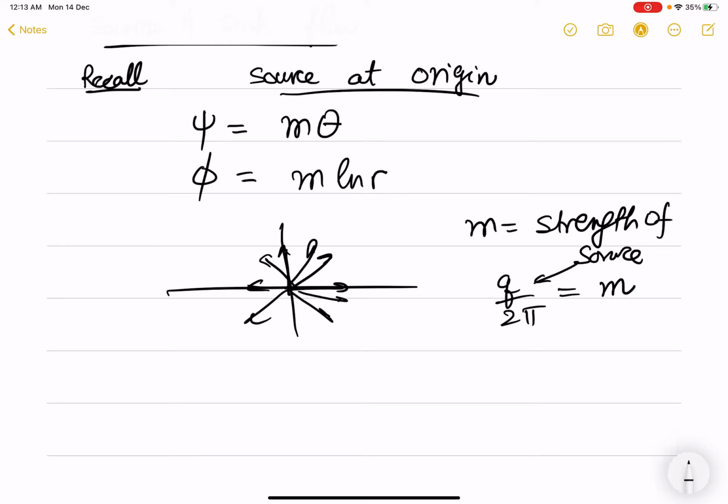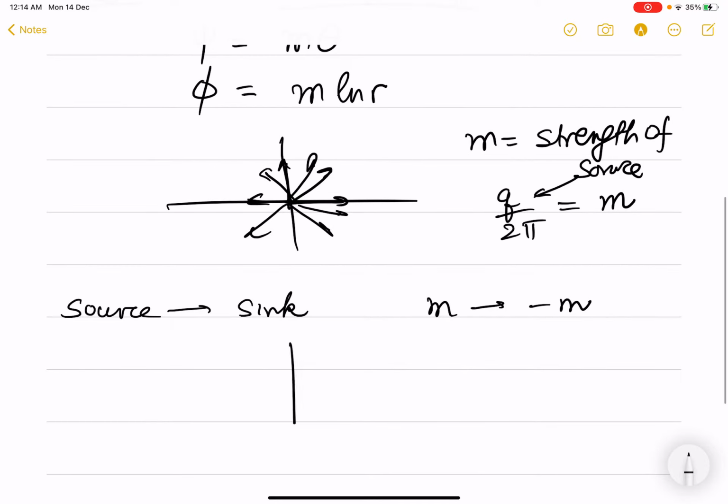Similarly, if instead of a source there is a sink flow, then M gets replaced by minus M, which means the flow looks like this.